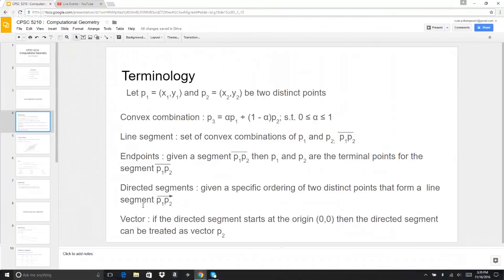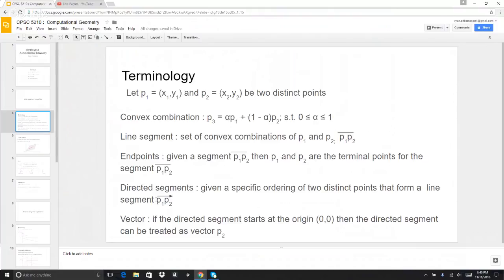A directed segment. Directed segments are given a specific ordering of two distinct points that form a line segment. So this directed segment is P1 first, endpoint 1, and endpoint 2 is P2. If you had P2, P1, this notation would be reversed.